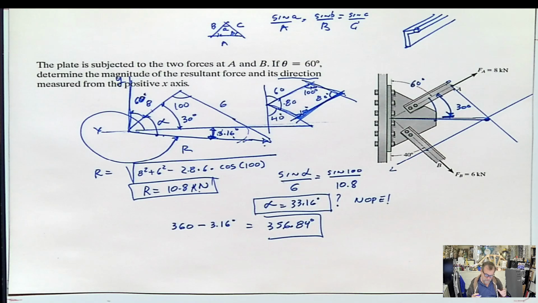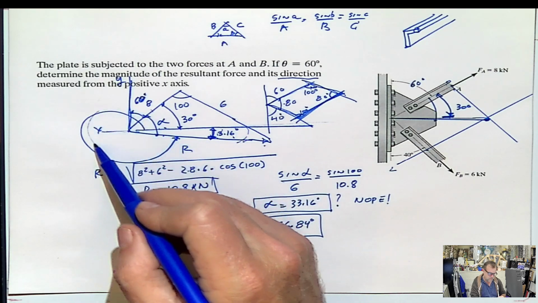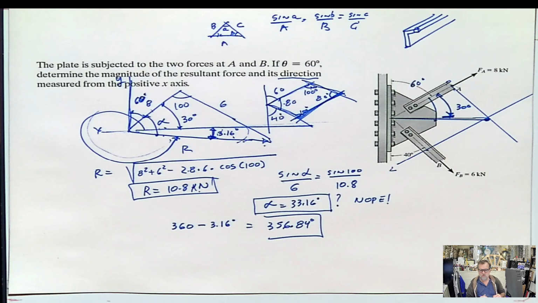But for the sake of correctness, if it says direction, remember direction is always measured counterclockwise from the positive x-axis. This is the x-axis, this is the resultant force. That's why you have to go counterclockwise all the way around. Let's try to do this problem now in a different way.